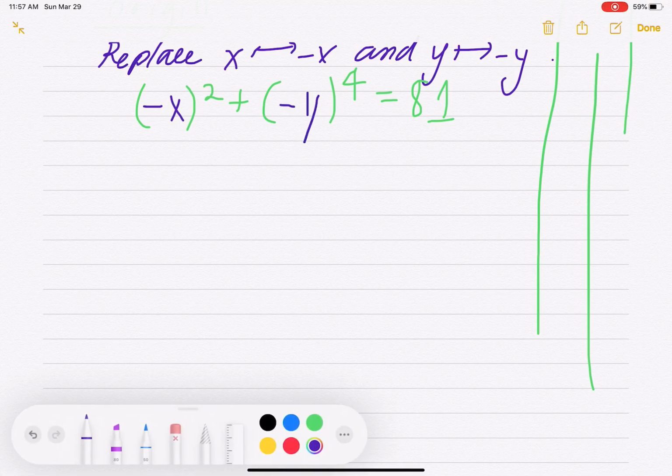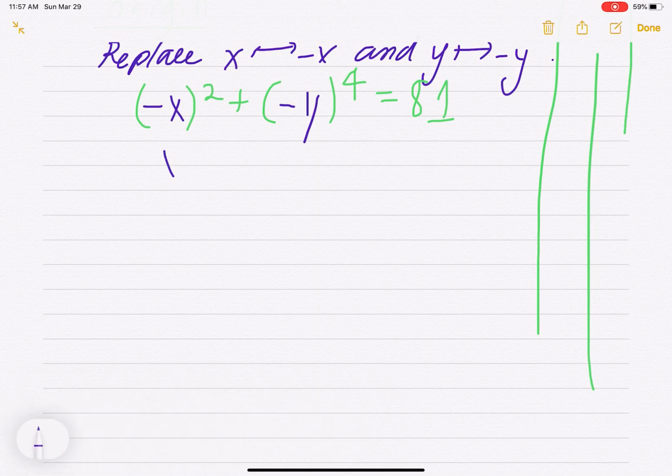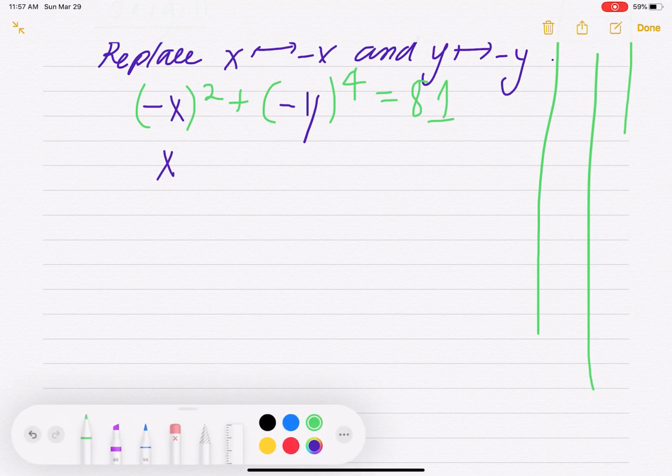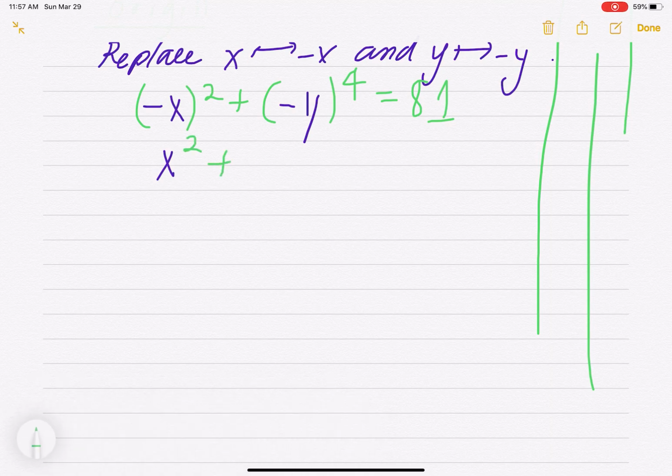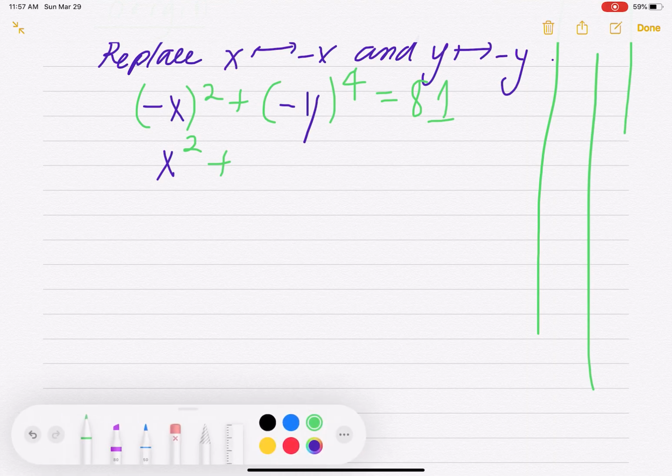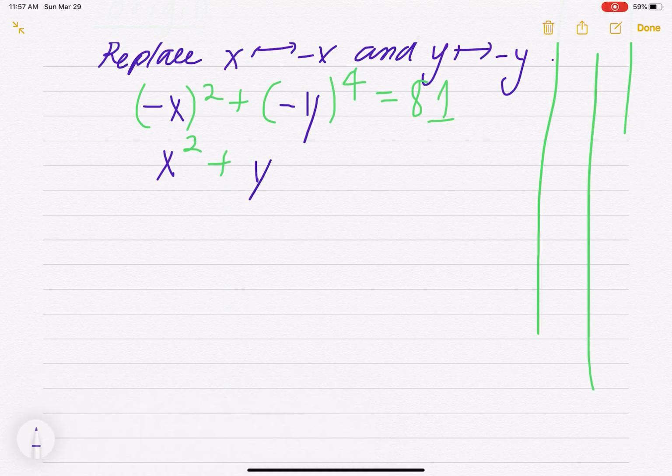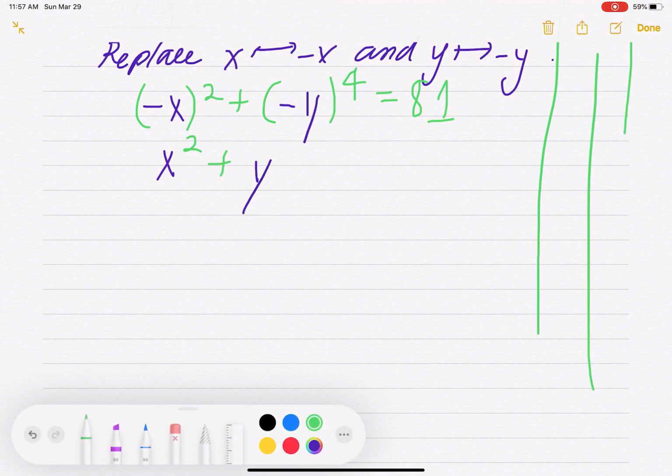And then we just simplify, right? The even power square kills off the negative in the first parentheses. You just get a purple x to the green second power, plus the fourth power above the second term is going to kill off the negative in front of the y. So we're just going to have a purple y raised to the fourth power.